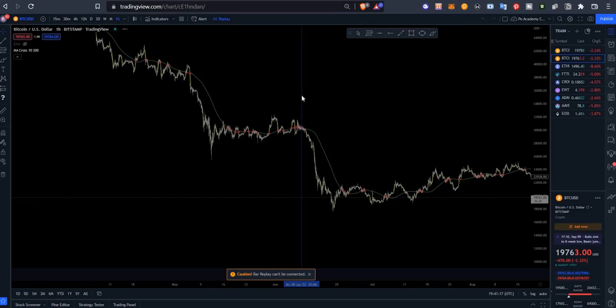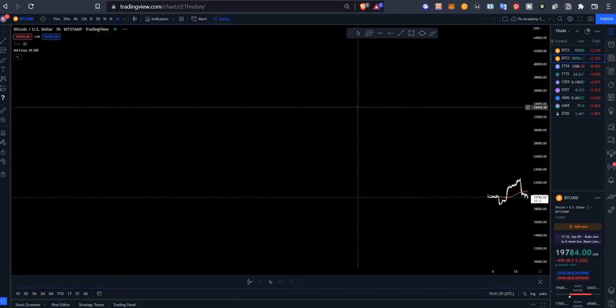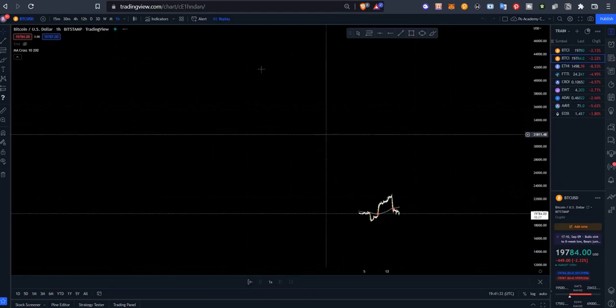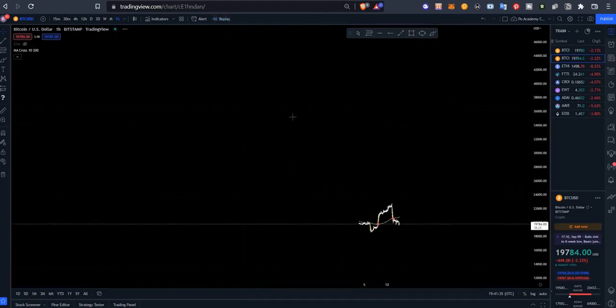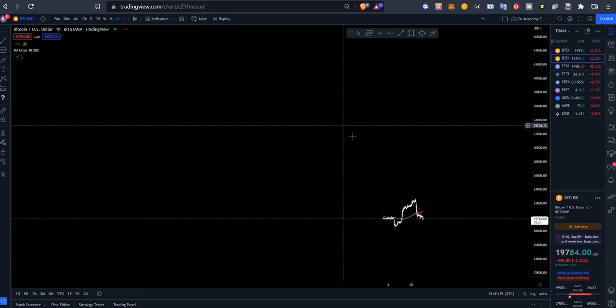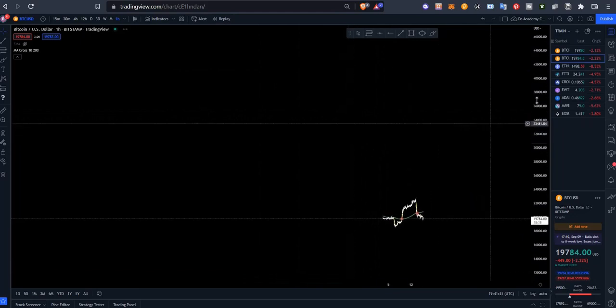I'm trying to use this replay display, but it's not working. Caution, bar replay can't be connected. I think I will just avoid it. I don't know why it's not working.